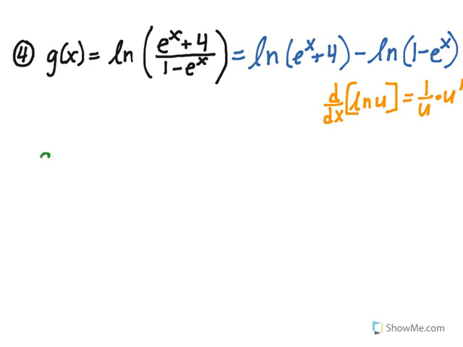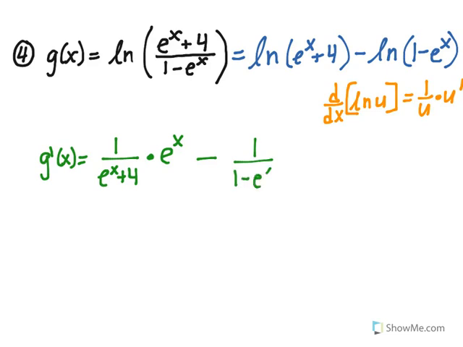So now my derivative, g prime of x, is equal to, let's focus on just the first natural log, 1 over the inside times the derivative of the inside. The derivative of e to the x is e to the x. The derivative of plus 4 is nothing, so I just need the e to the x. Now I have minus the derivative of the second natural log. So that's 1 over what's written inside times the derivative of what's written inside.